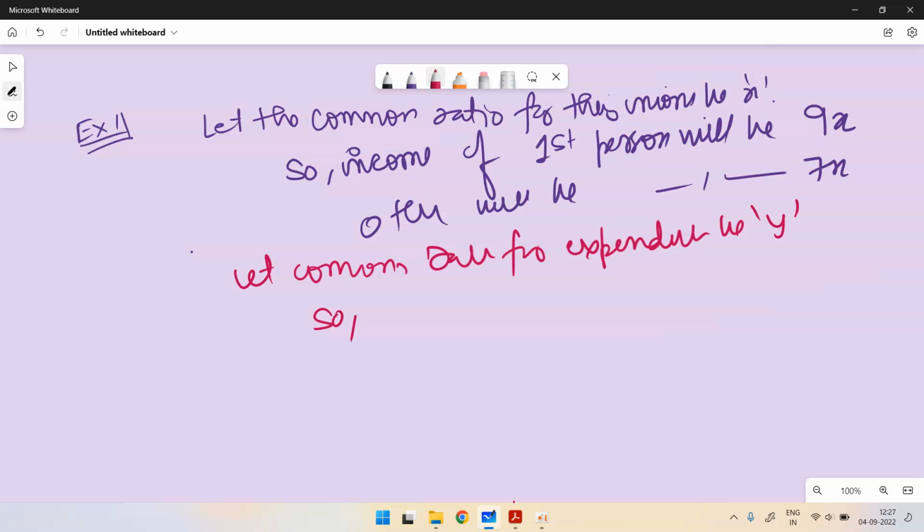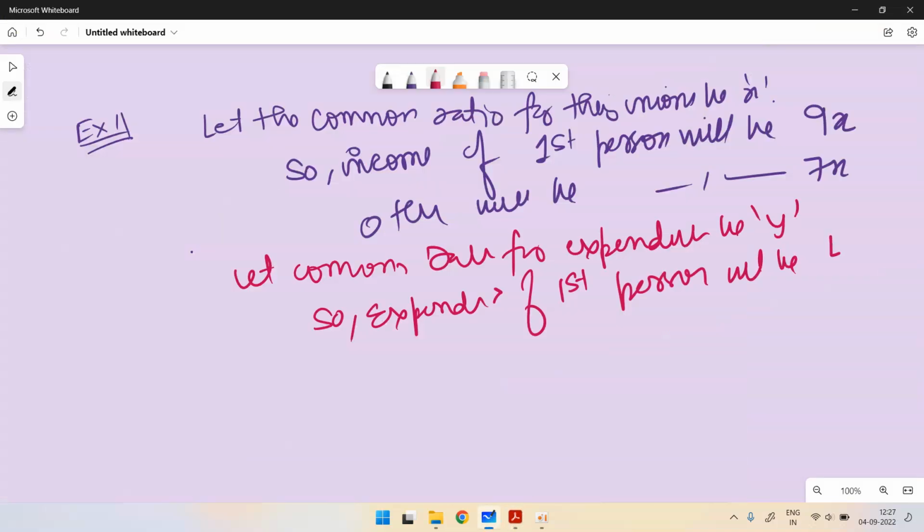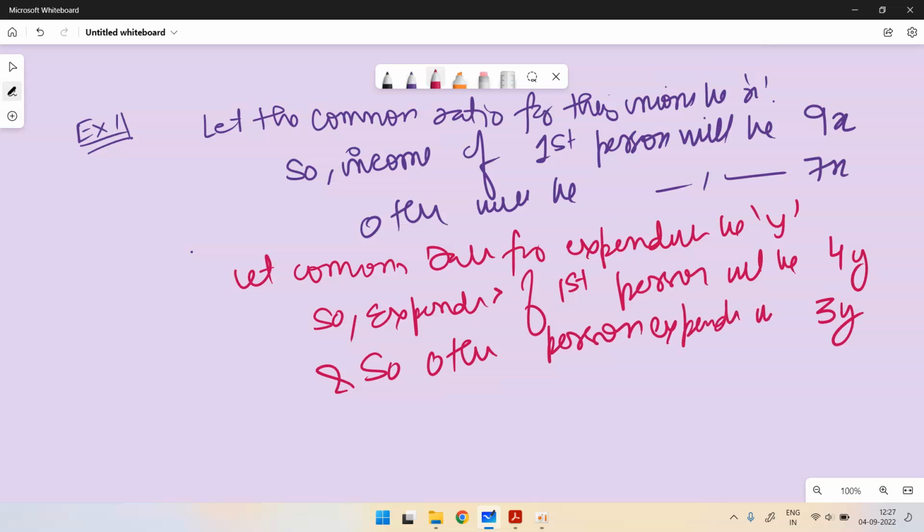So the expenditure of the first person will be 4y, and the other person's expenditure will be 3y.